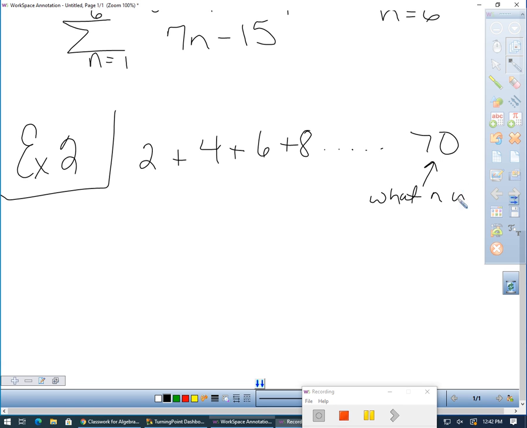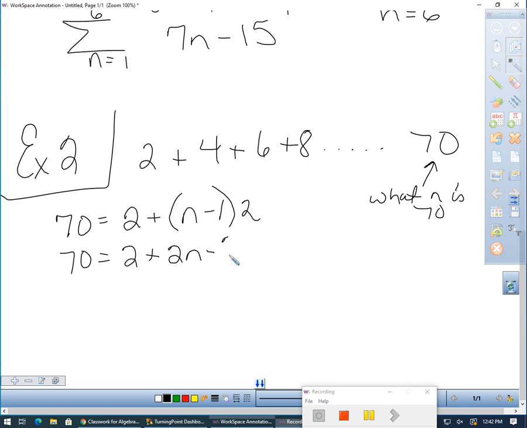Well, you are not going to count all those. So we're going to start with our formula, which is 70 equals the first term plus n minus 1 times the difference, which is 2. So I have 70 equals 2 plus 2n minus 2.